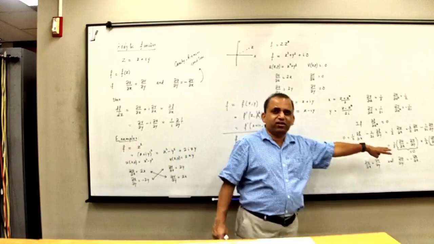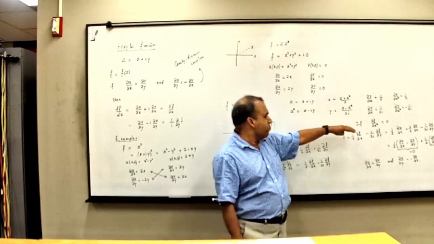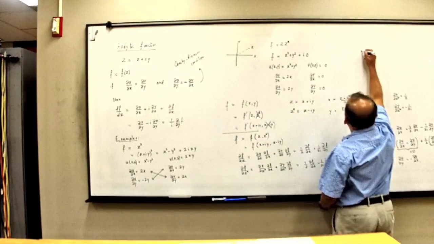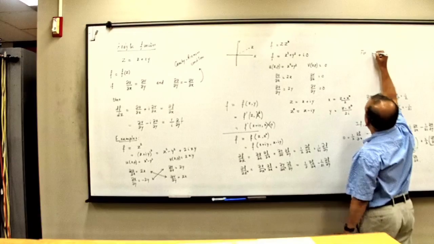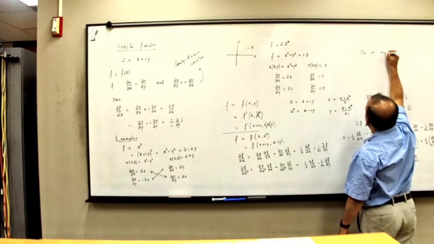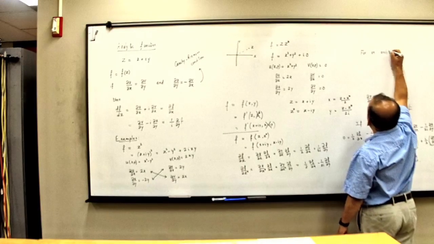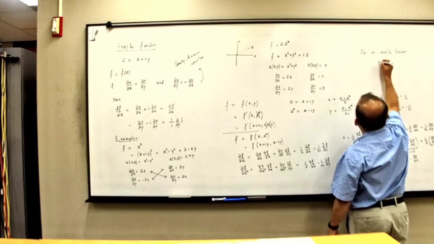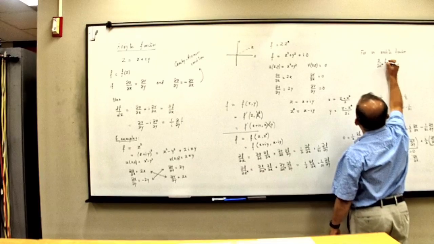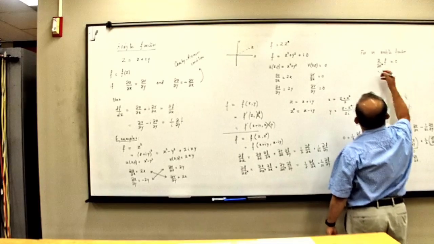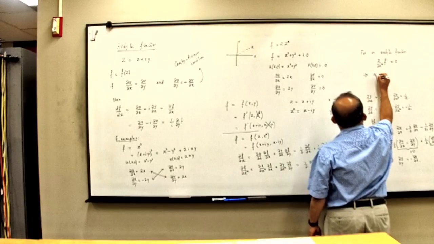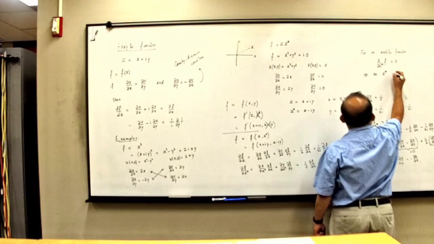Whatever I did here, the main content is that for an analytic function, maybe take this as a statement, the partial derivative of f with respect to z star is equal to 0. That implies there is no z star dependence.